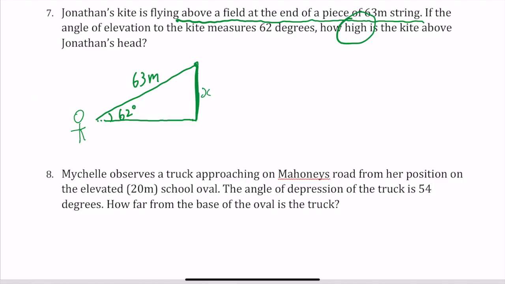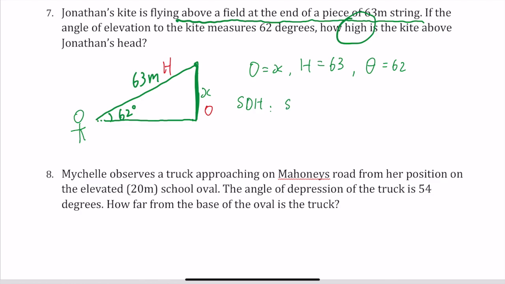Again, we are going to label them first. This is hypotenuse, opposite, and adjacent. There is nothing to do with adjacent, so I cancel the adjacent. So opposite equals x. Hypotenuse equals 63. And theta equals 62. So you know O and H, which means you use SOH.